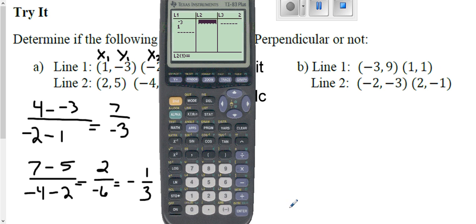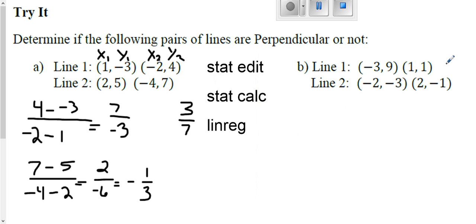And the y's are 9 and 1. All right, StatCalc. So here's our slope, the a number, ax. So the slope of this one is -2. And we'll put it down here, -2.